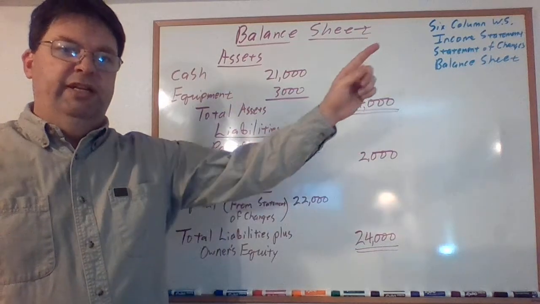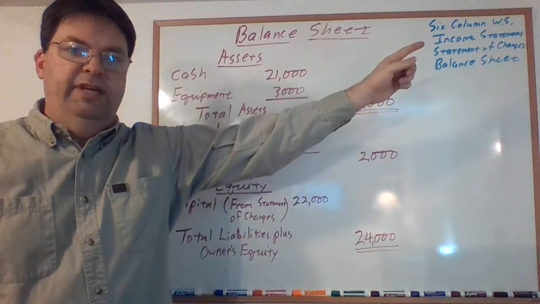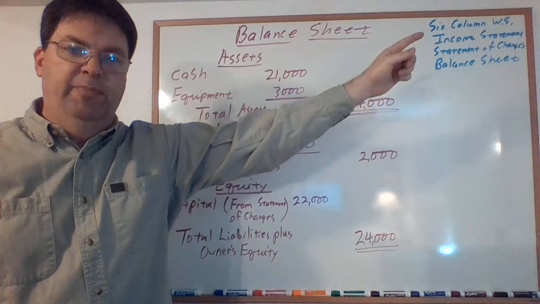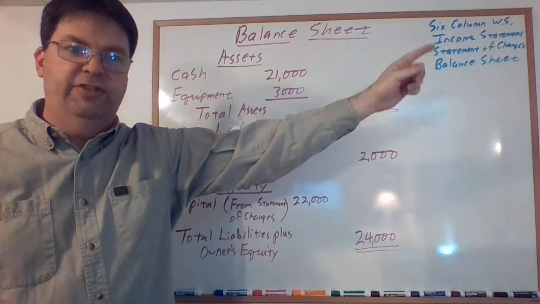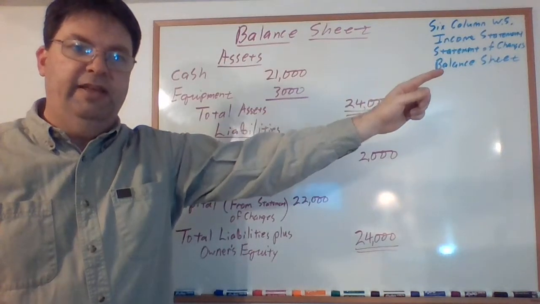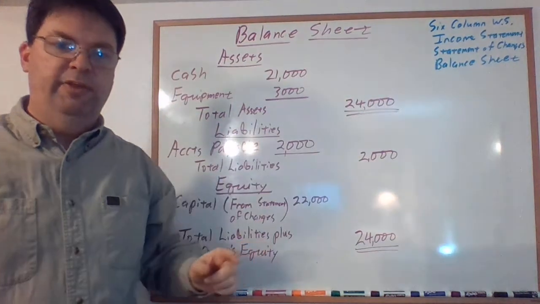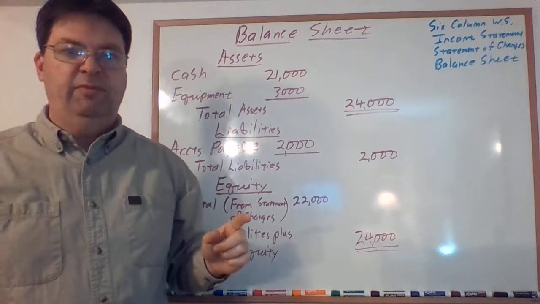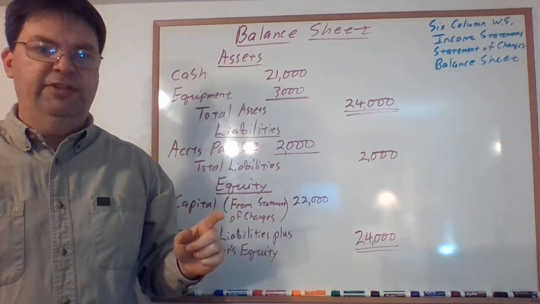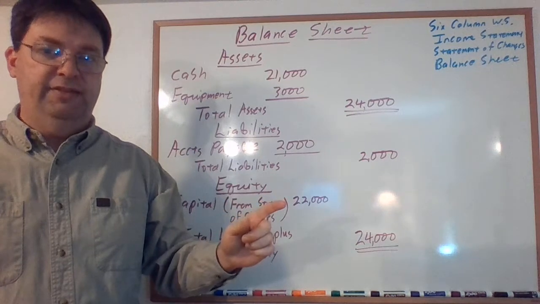Because if you're doing it in this format and you start here with the income statement, you've missed some numbers from the 6-column worksheet. So you have to do the statement of changes to include those numbers, and then from there you bring it into the balance sheet. So this capital account is from the statement of changes in owner's equity. That's where you get this number.